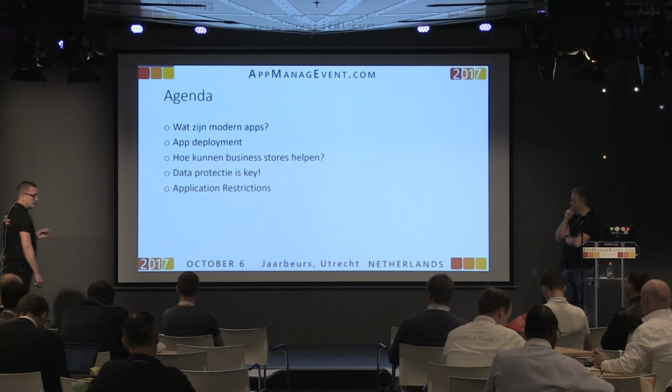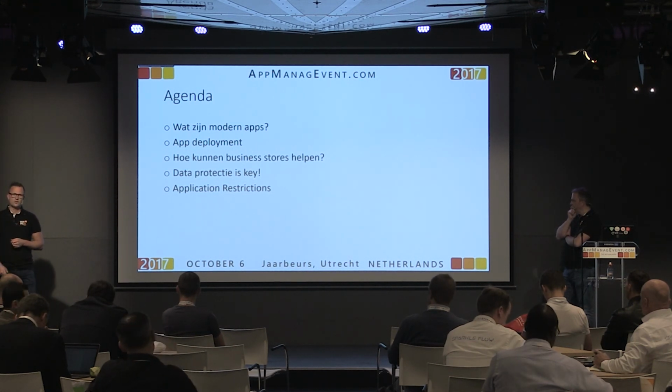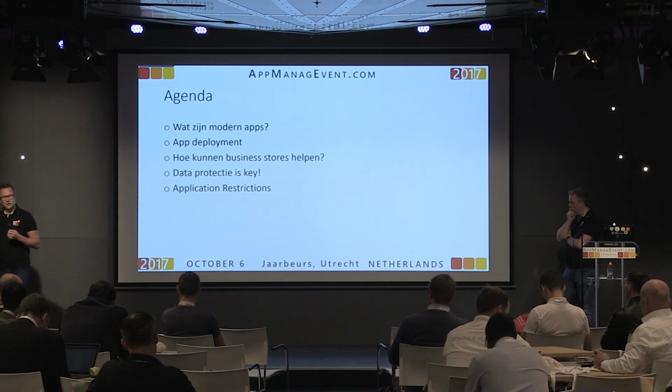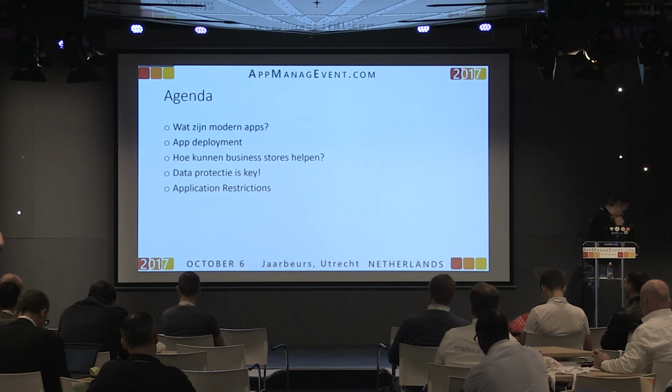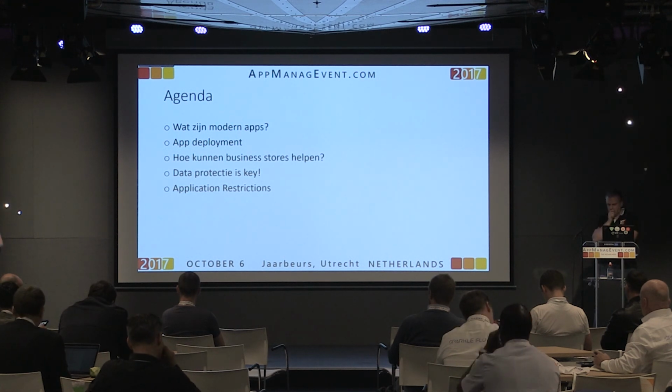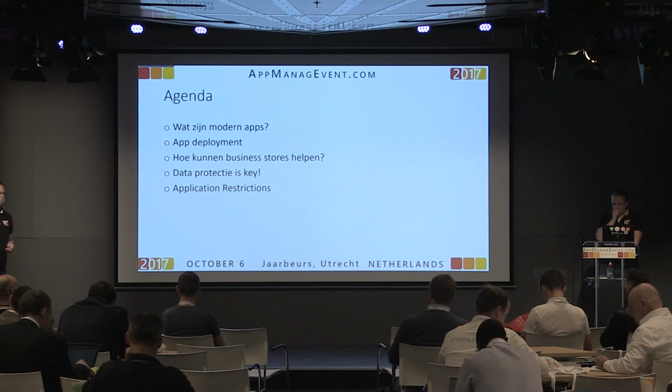And last, but especially not least, if we are going to deploy apps to devices which are managed, but especially to devices which are not managed, we want to have some control of what those applications can do. And within Intune, we have the possibility to determine that for both devices and applications as well. We're going to show you that in the next couple of minutes.